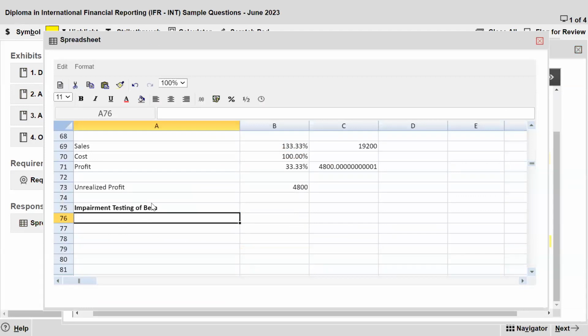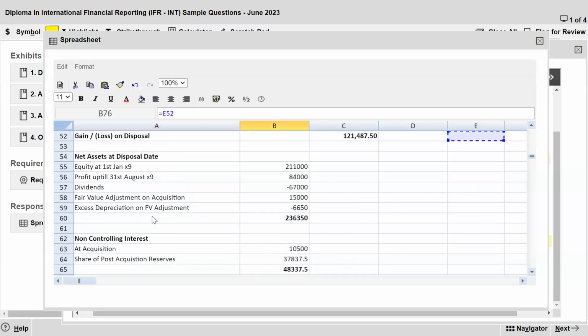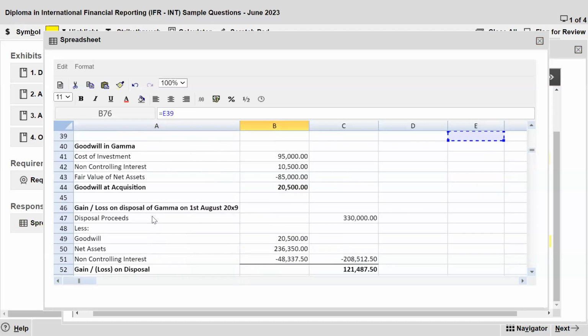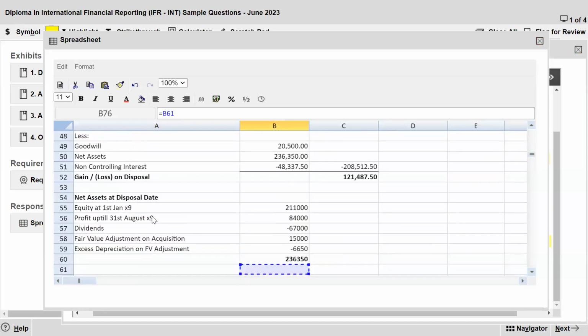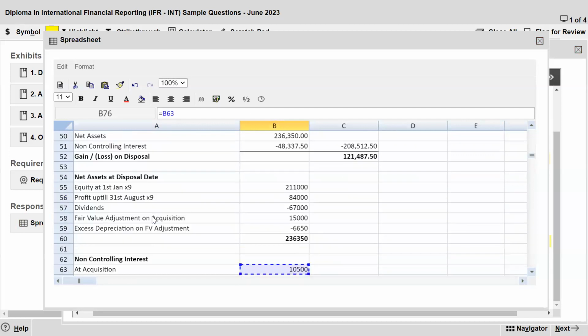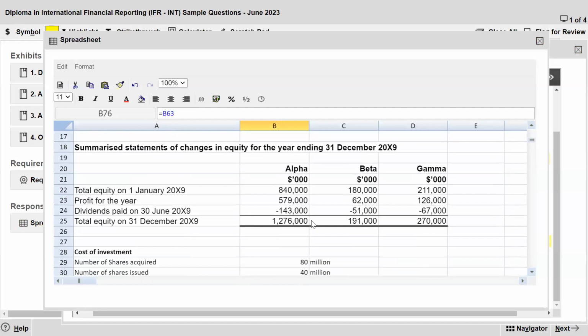We need to say the carrying amount of net assets, this is total equity.